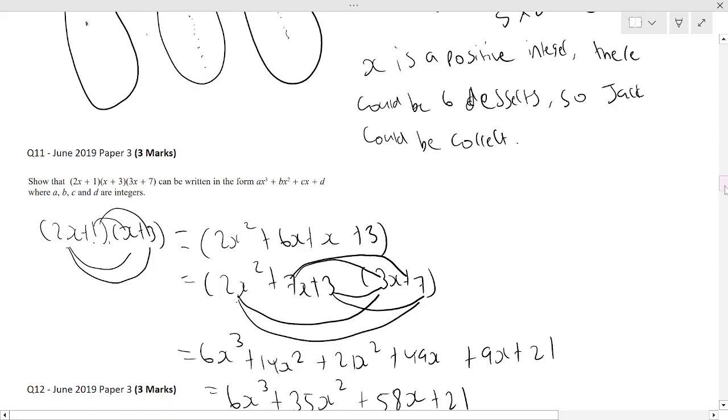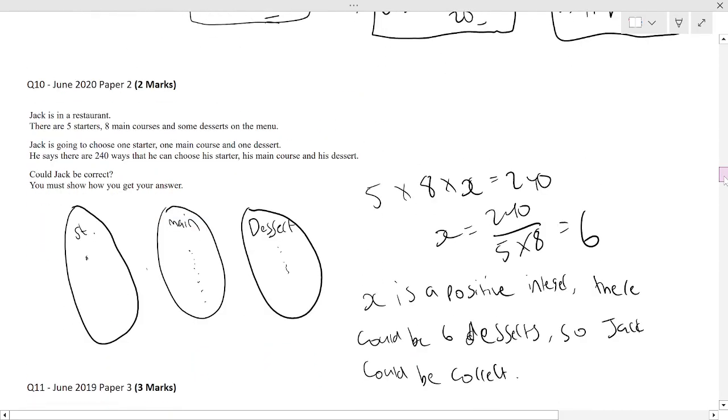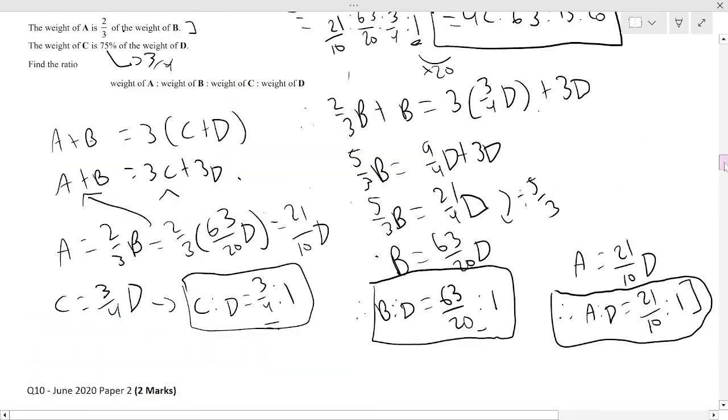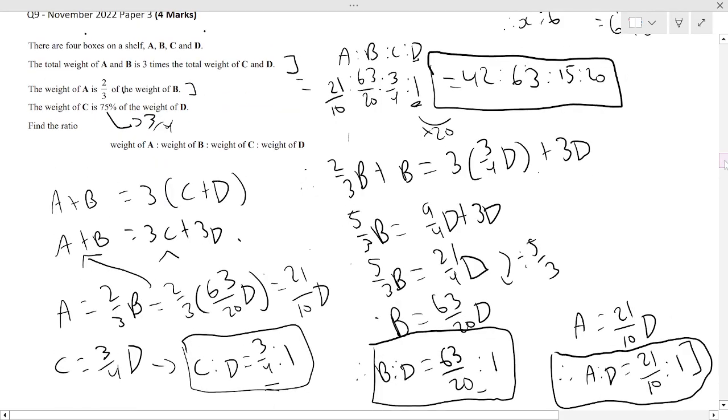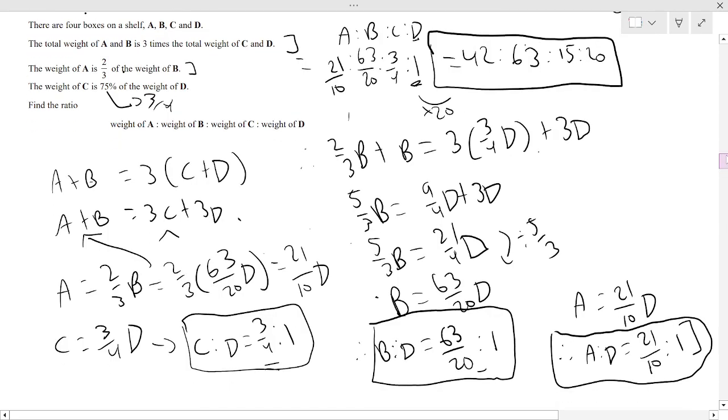Yep, cool. 6 desserts. Yep, lovely. Oh god, okay, this ratio. No, 2022, paper 3. 42 to 63 to 15 to 20. Yep, great.